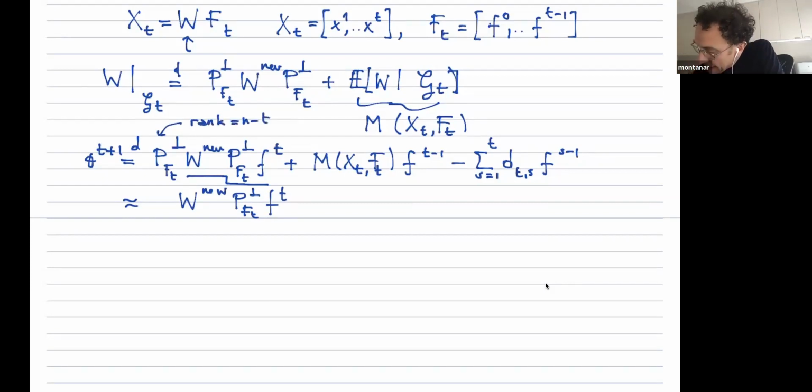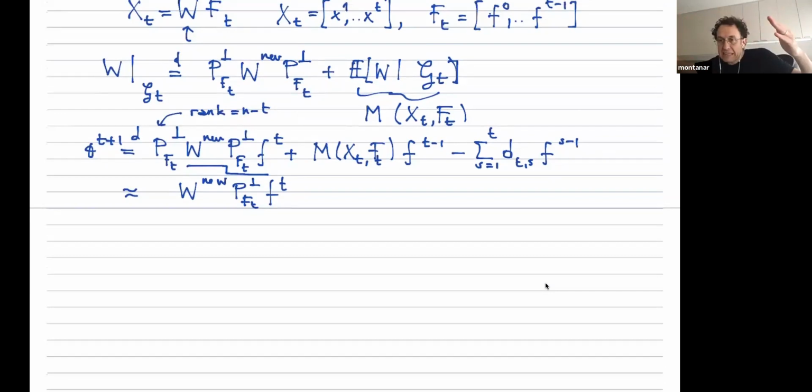So I'm taking a vector that is Gaussian in n dimension and I'm projecting out t of them. t is of order 1, n is very large. This will not make any change. So I can drop this projector and I will make a negligible error in L2 sense. And then you get this whole thing, okay?